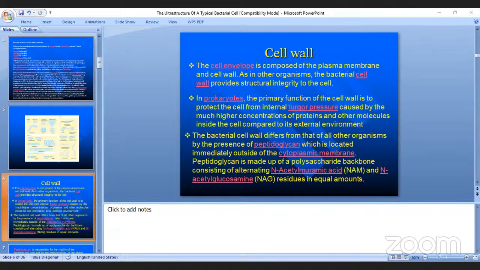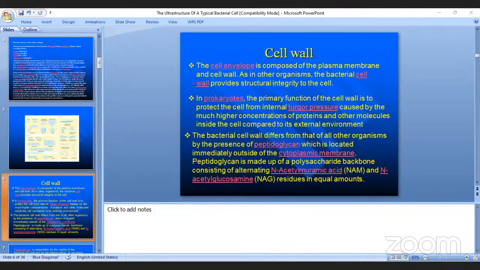I'm not able to understand. Are you talking about the shapes of bacteria? Yes, sir. So I already told you: spherical shape, rod shape, vibrio is comma shape, clear, sir?